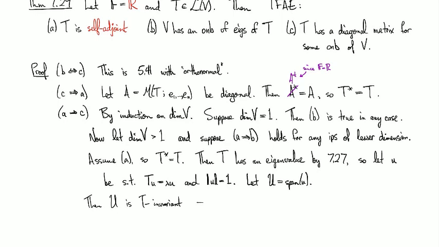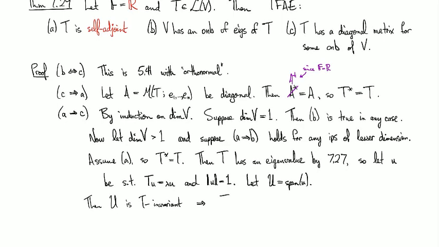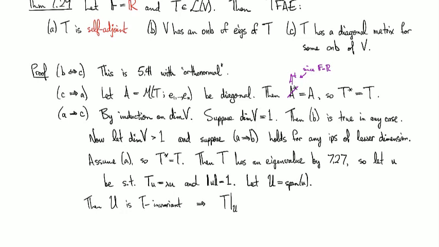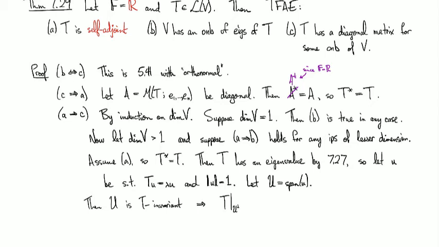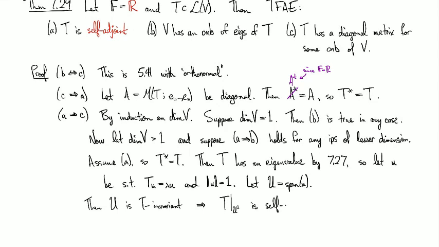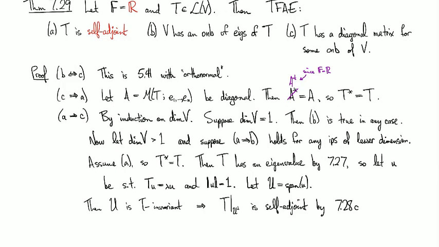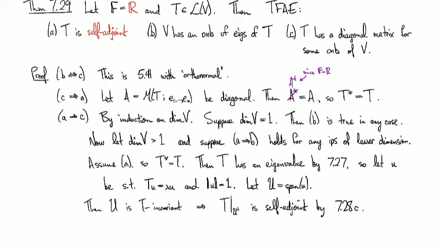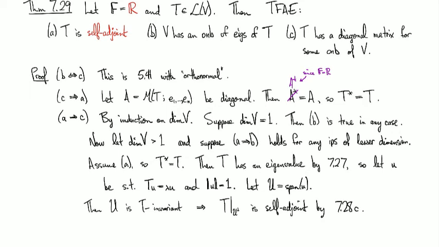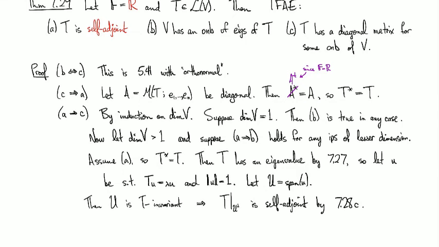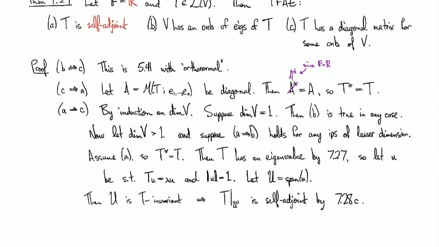And so since that's invariant, then we know that T restricted to U perp, the orthogonal complement of span u, is self-adjoint by our previous lemma, part C. Okay, so that means that the induction hypothesis applies to it, because U perp has dimension strictly less than V.